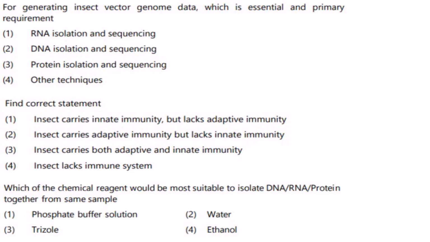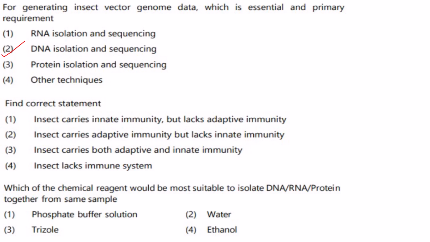RNA isolation? RNA is for transcriptome studies. That is, you isolate all the RNAs present in that particular insect and you do sequencing and you study everything regarding the various RNA in the insect. So here they have asked genome data. So naturally you have to go for DNA isolation and sequencing. So the answer here is option 2.